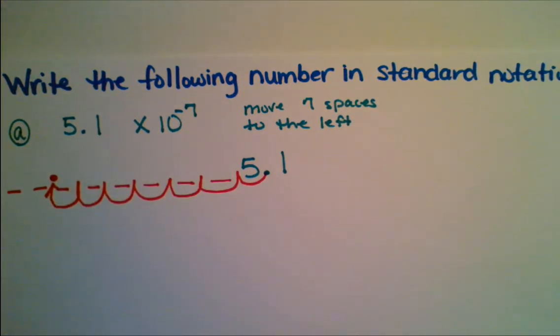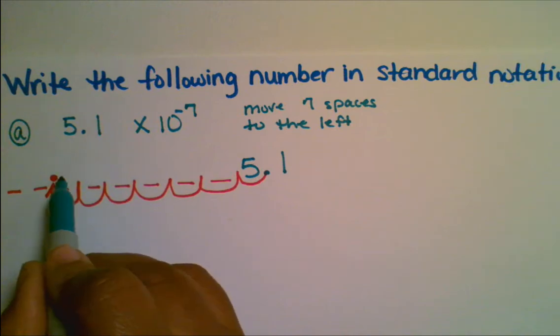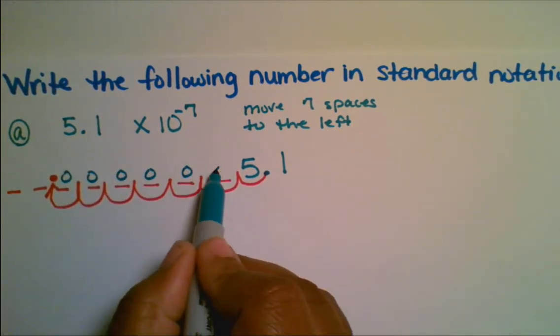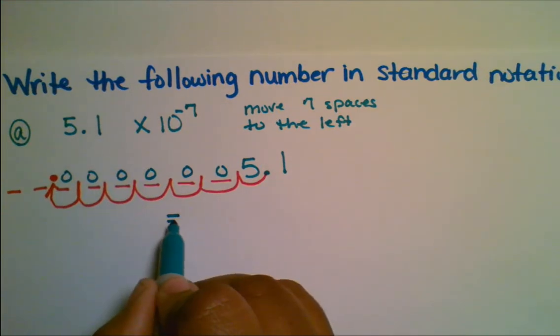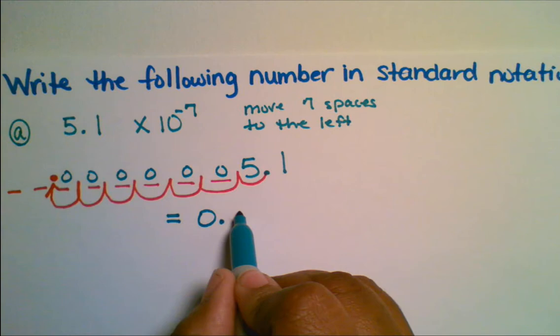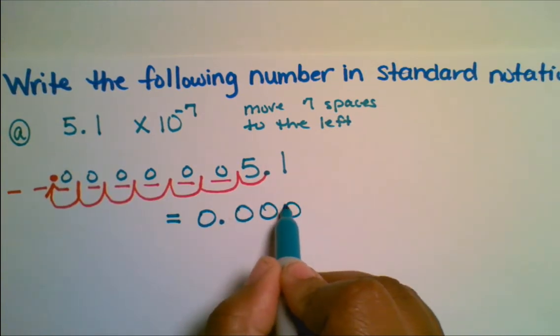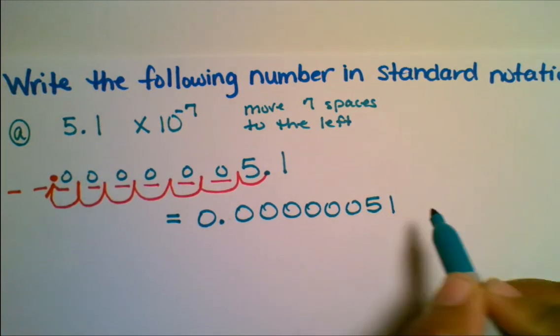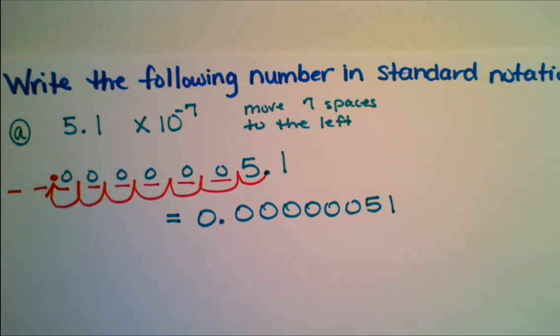So that means we're going to have to include 6 zeros in those blank spaces. So our answer is 0.6 zeros, 1, 2, 3, 4, 5, 6, and then 5, 1. So that's our number in decimal notation, standard form.